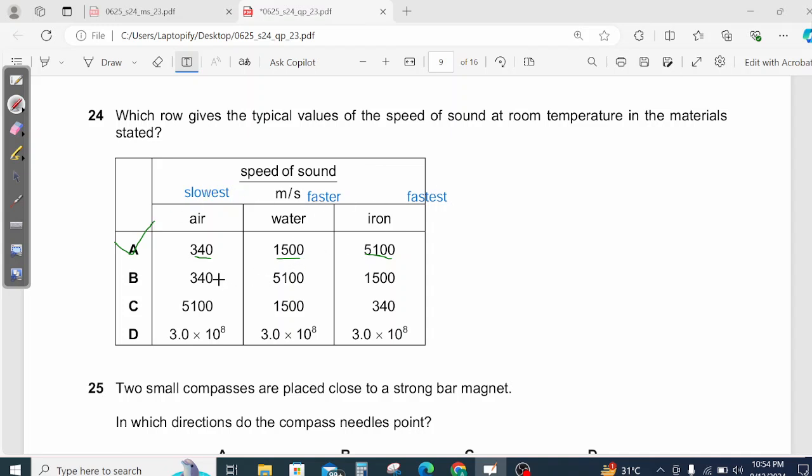Here slowest and faster are fine, fastest, no, this is wrong. This one has fastest in the wrong place, this is wrong. This is the speed of light, which remains constant in air or vacuum, but we are talking about the speed of sound here, so this option is incorrect. Your answer is A. I have mentioned three key points: slowest, faster and fastest.